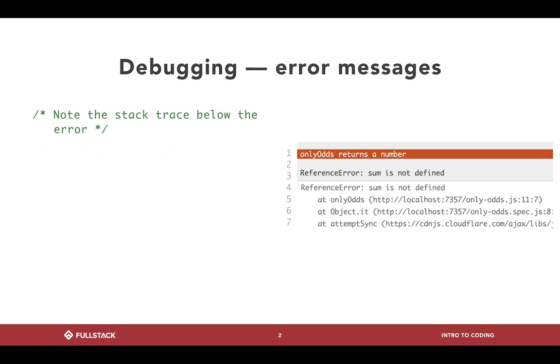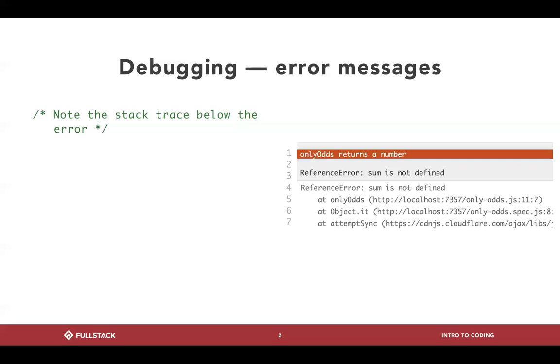And it'll give you an error message, and then it will give you what's called a stack trace, which is where the error occurred. If you look to the left of that whole chunk, there's 1, 2, 3, 4, 5, 6, 7. Those will be line numbers.